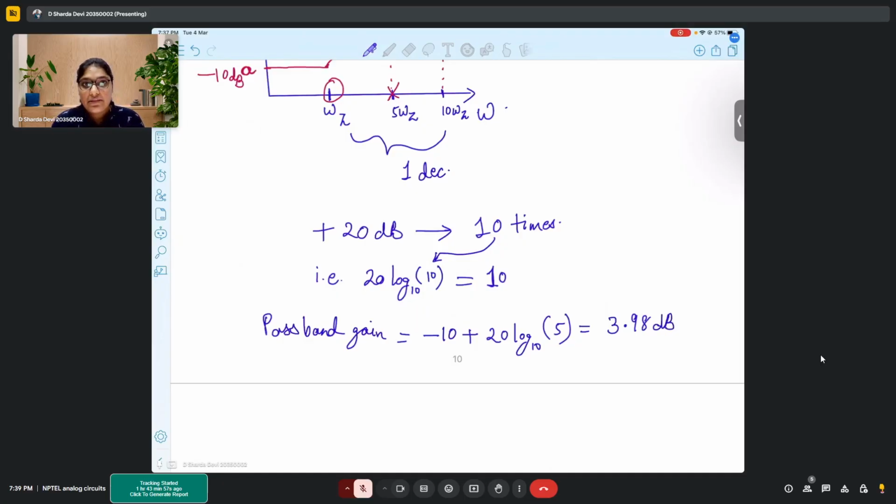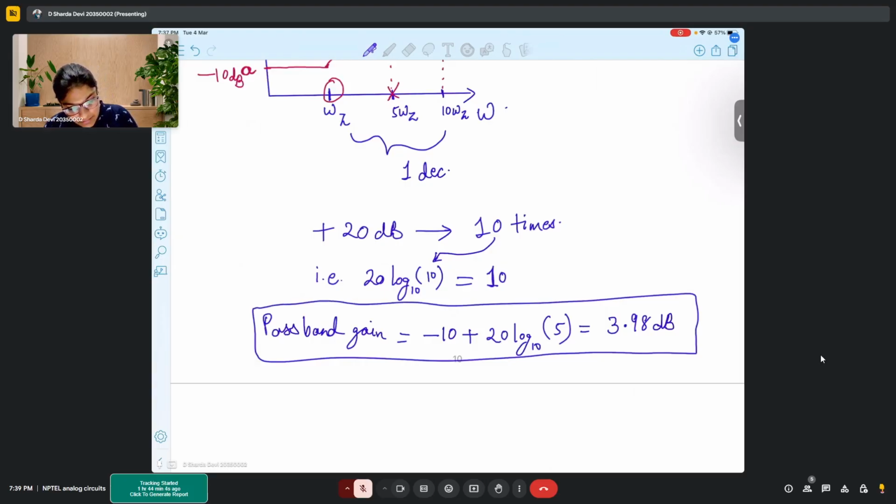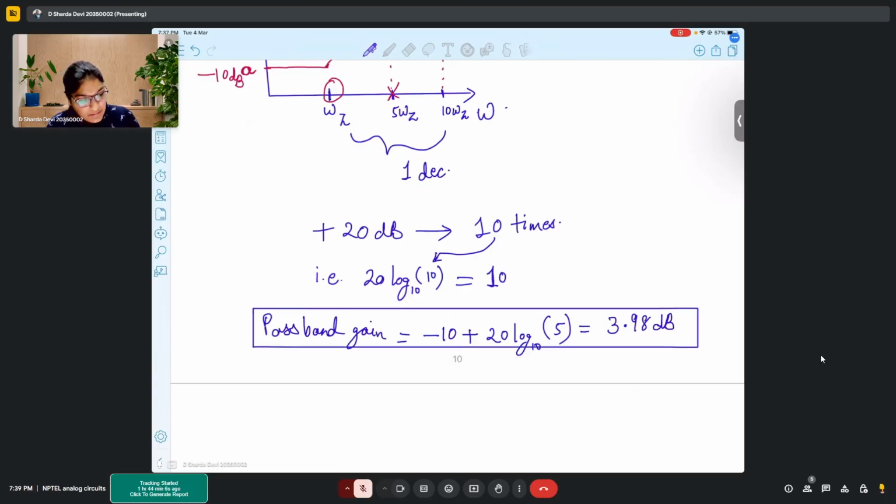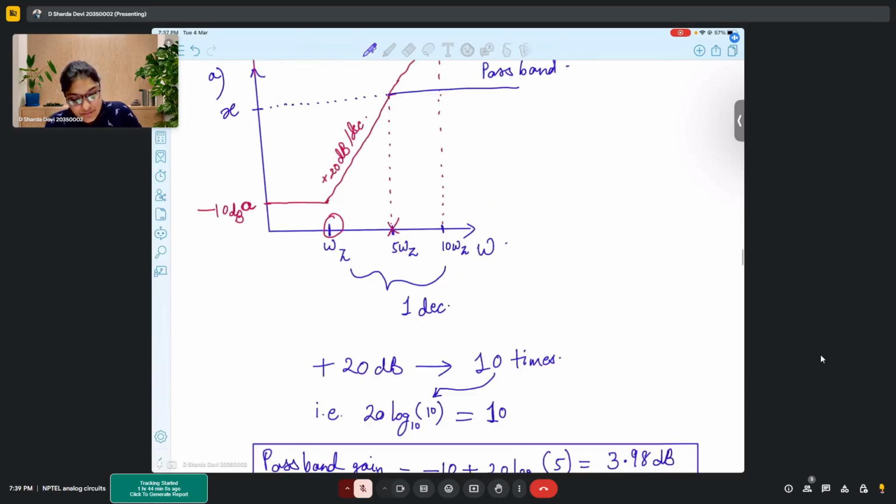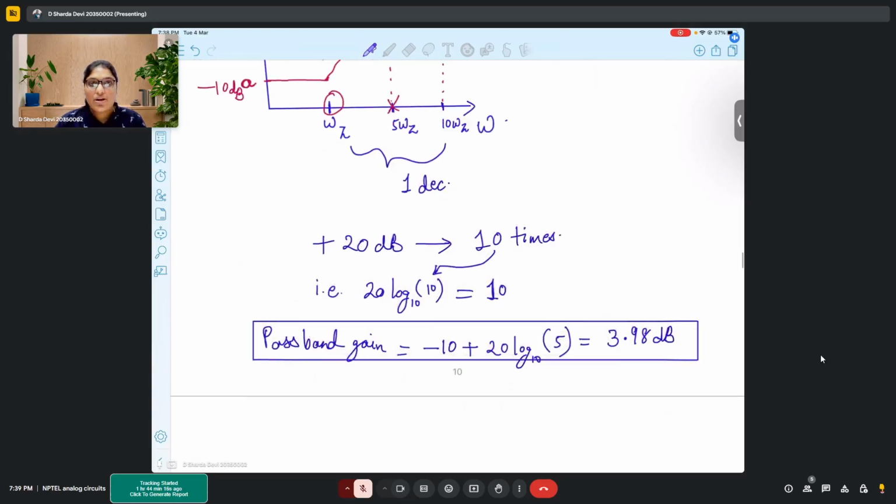So the passband gain turns out to be 3.98 dB. Is it clear how we solved or approached the problem?